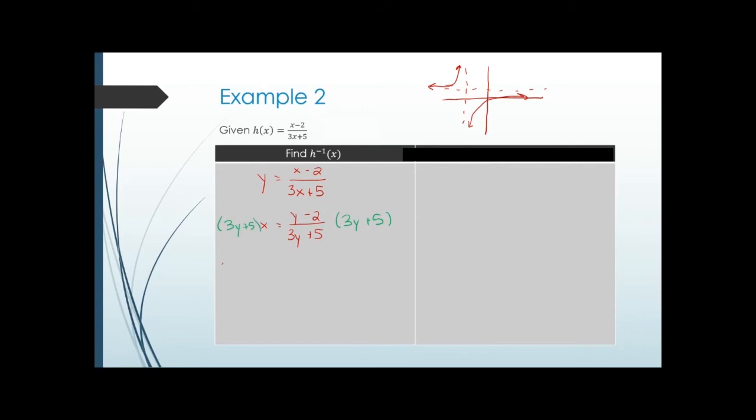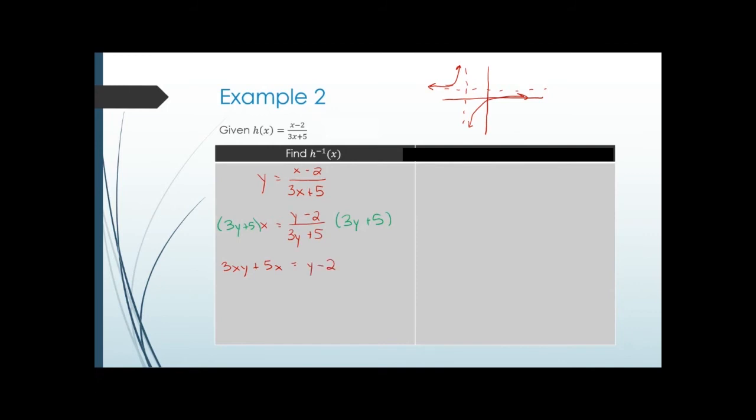So that gives me 3xy plus 5x equals, and then the fraction disappears. That's why we multiplied by the denominator, so we just have y minus 2.